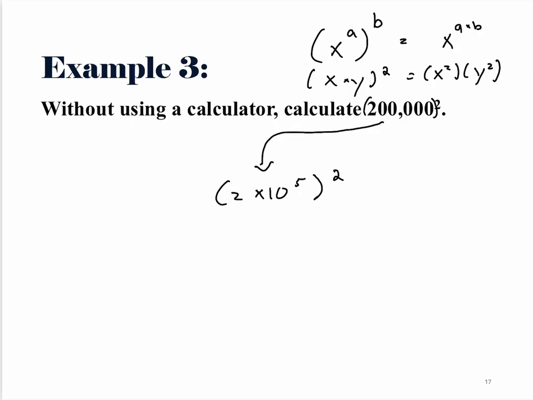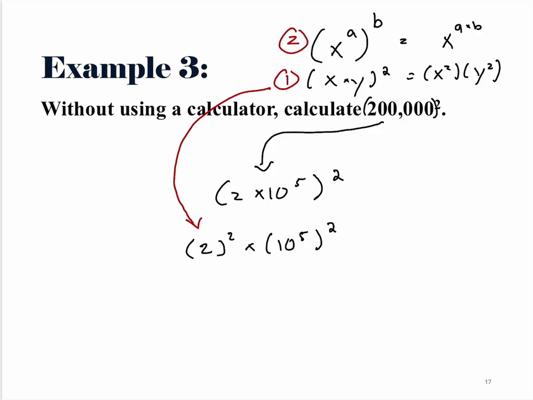So this we can simplify to 2 squared times 10 to the 5 squared. This is how we get to this step. And the second identity is how we're going to deal with this expression right here.